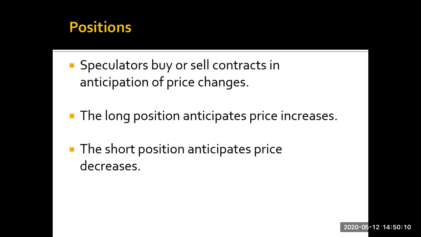If you take a long position, you anticipate a price increase. So let's say that a barrel of oil is selling for $10 right now. That means that if you were to buy a futures contract of oil 1 year from now, you might guess it will be roughly around $10.